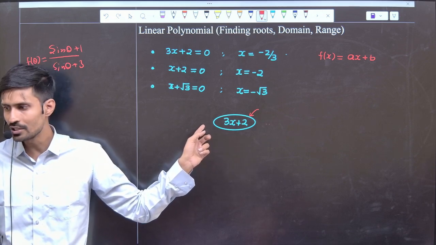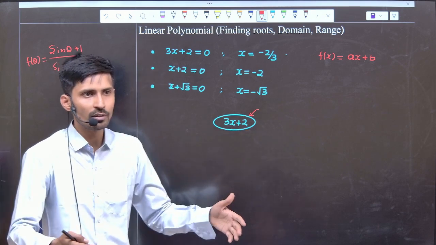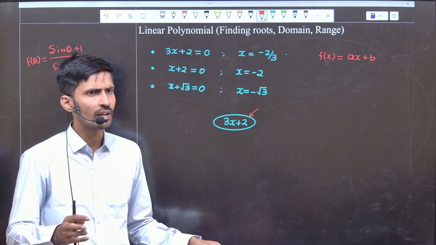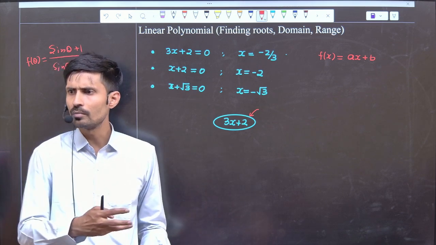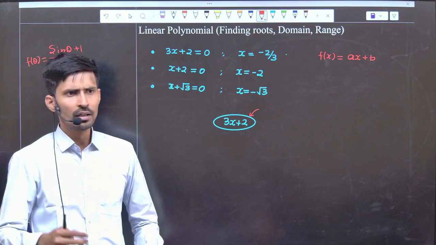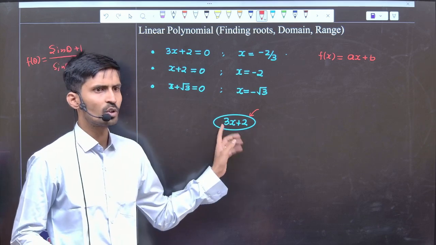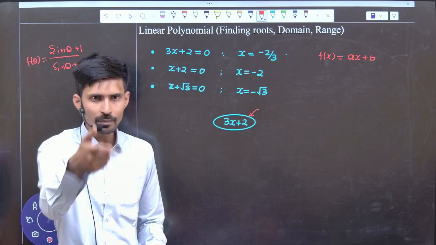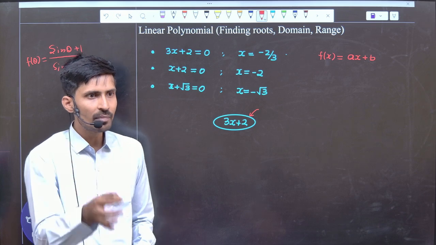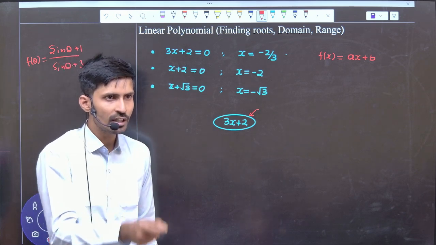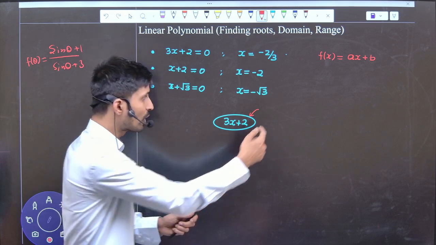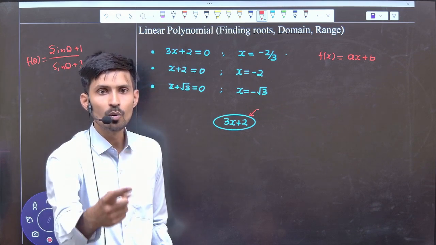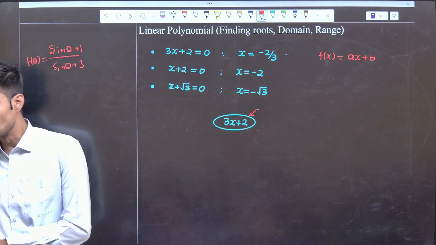Now the question is, at place of x, what can you put? Any number you can put. 3, root 3, 5, 9, minus 3, 1 crore, 2 crore, minus 5 crore, minus 10 crore. Any number is acceptable in a linear polynomial at place of x. Not only in linear polynomial, everywhere: linear, quadratic, cubic. Whatever number is acceptable, that we say is the domain.